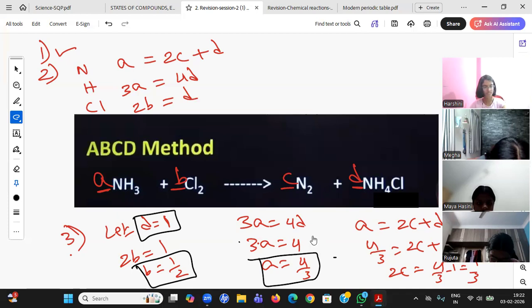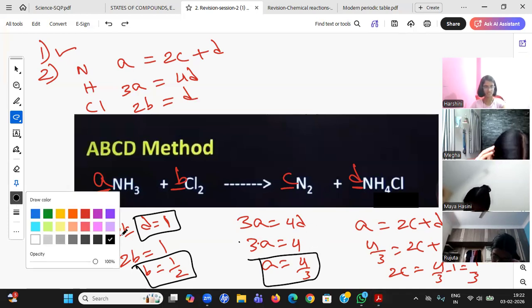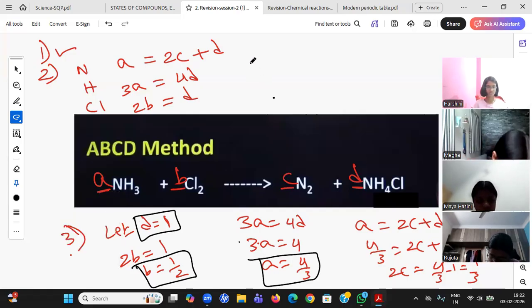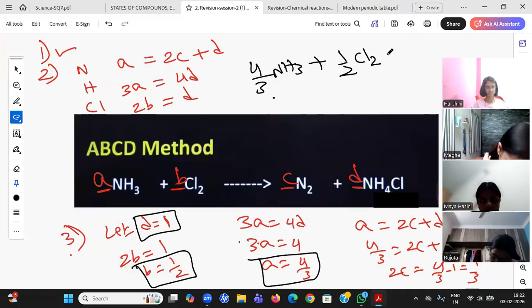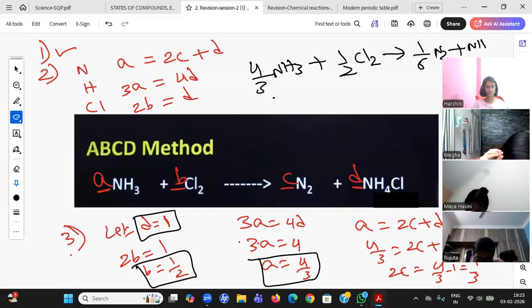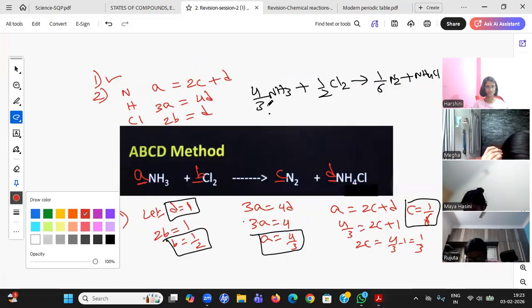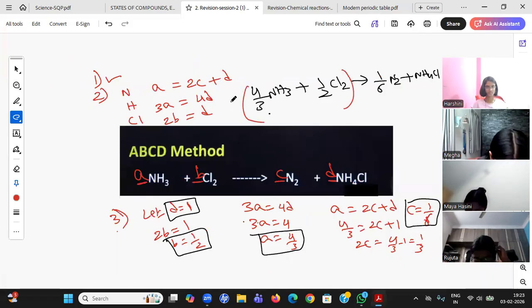Did you use this method or not? Yes, this method, yes, sir. Right, right. So A is 4 by 3, plus B is 1 by 2 Cl2, C is 1 by 6 N2, plus D is nothing but 1, right? Next, I need to avoid this particular fraction, so I multiply by 6 here.